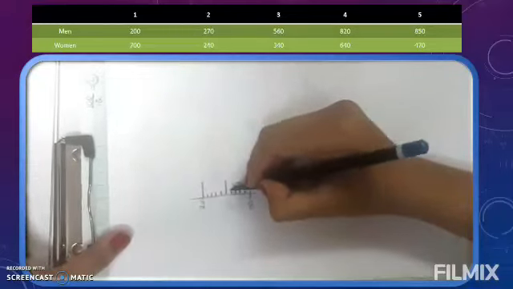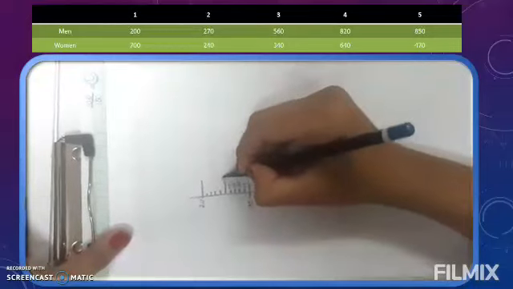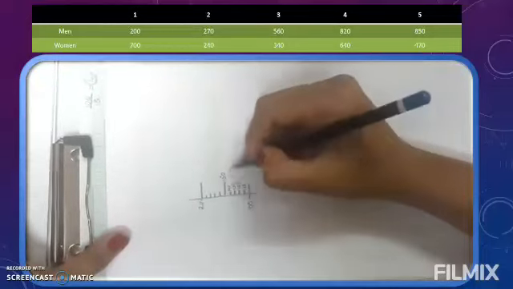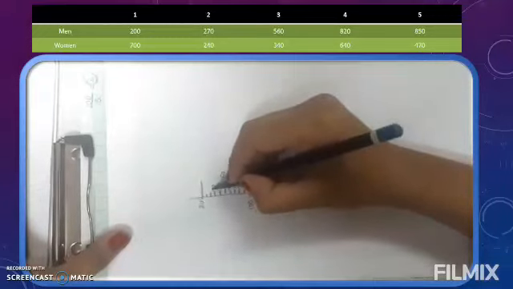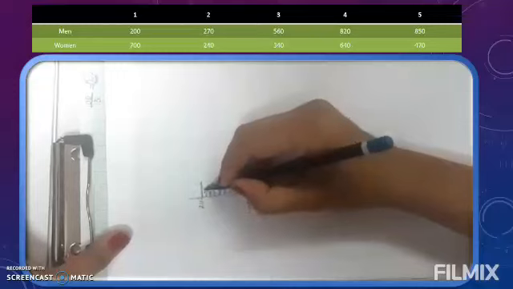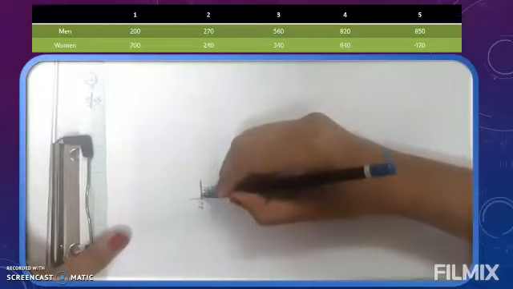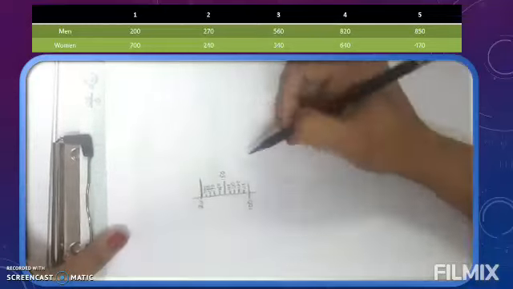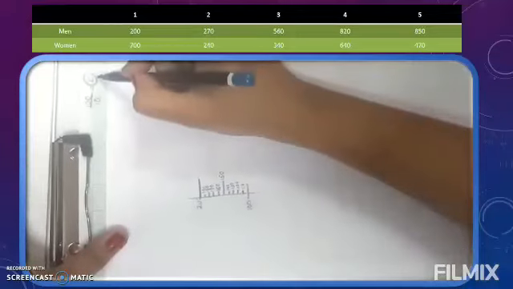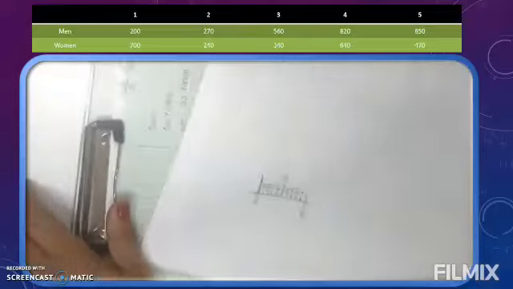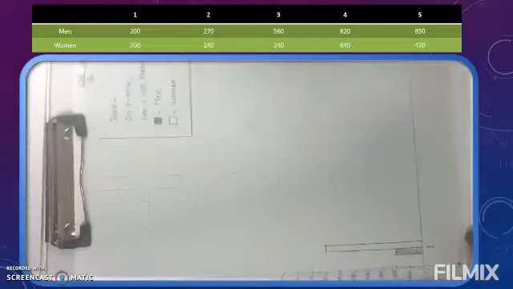Then 130. Then 140. Then this fifth line will be 150. Go on adding 10, 10. Then 160, 170, 180, 190. 190 plus 10, 200 we got. Clear? So this way we will check that one thin line stands for 10. So now what we have to do? We have to plot what?